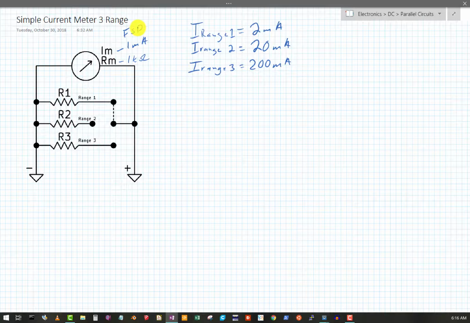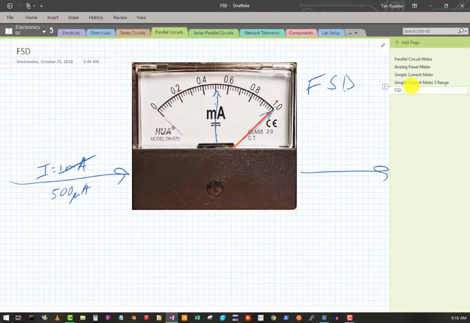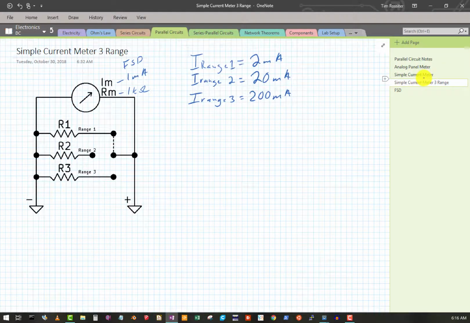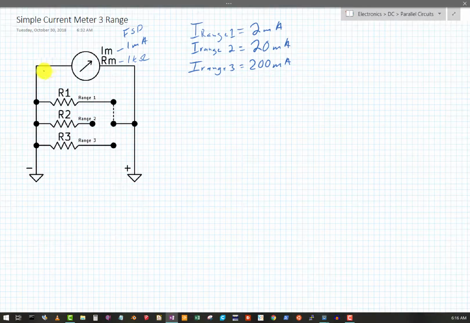To move the needle to the end of the display, like this one, the little red needle is all the way to the end at full scale deflection. Basically the spec is telling us that if we pass 1 milliamp through this thing, 1 milliamp of I meter is going to cause full scale deflection.